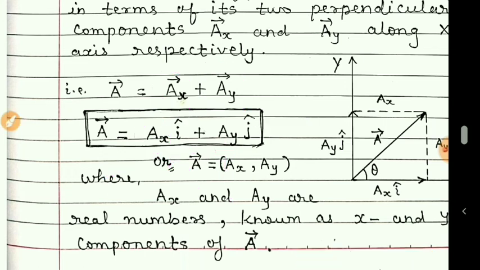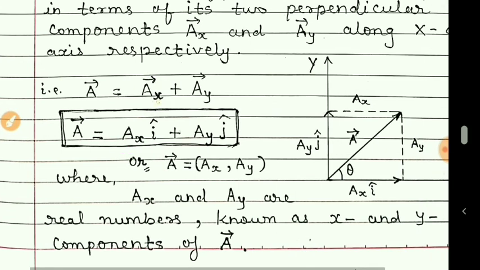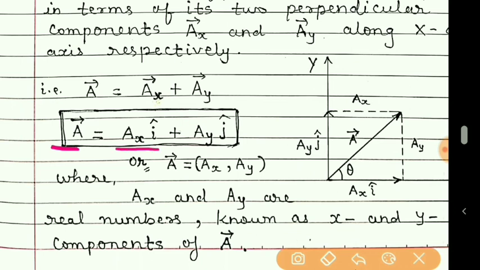So students, always remember, any vector has its magnitude and its direction. So we can now write this vector A as Ax i cap plus Ay j cap, or simply in terms of its coordinates we can write it in this way also. This as well as this, they are the same, only the method of writing is different.